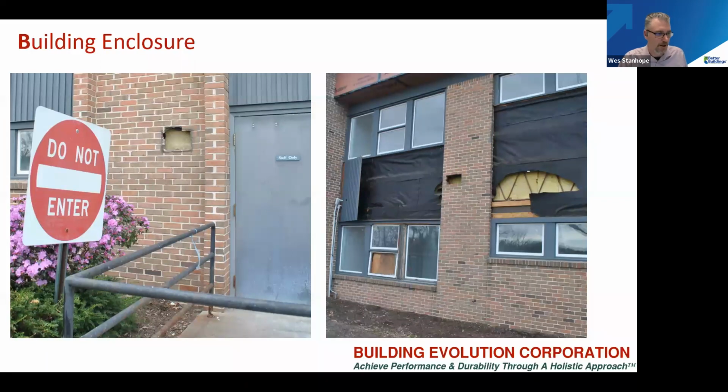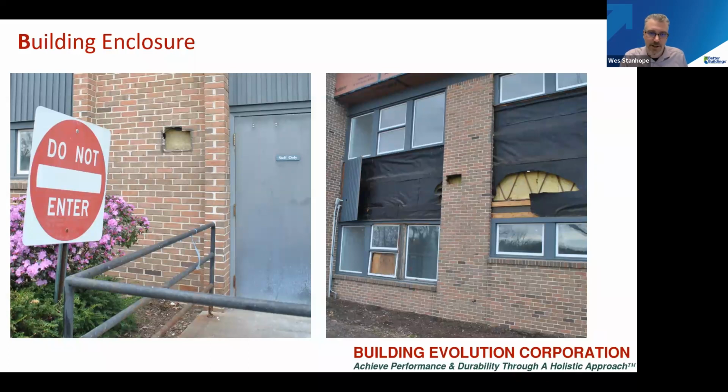The other thing that we see in a lot of buildings is that the electrification is put into buildings where the enclosure might not be upgraded. This was a project that we worked on where I don't think a do not enter sign necessarily works for keeping the air and thermal load out of the building.